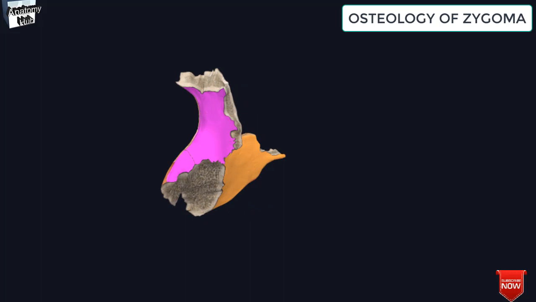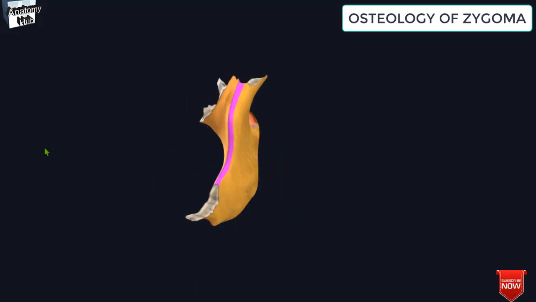And we will find the temporal border. This temporal border marks the upper posterior border of the bone, and it is continuous with the temporal line of the frontal bone anteriorly and with the upper border of the zygomatic arch posteriorly. It gives attachment to the temporal fascia.